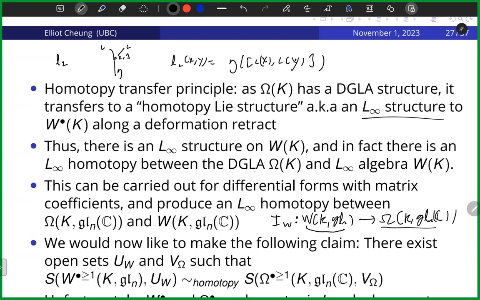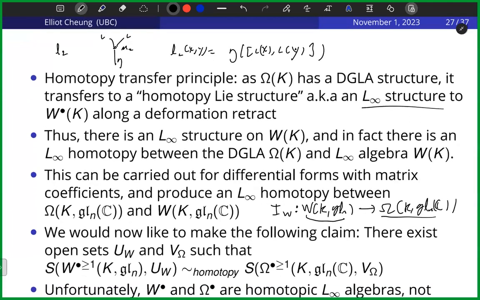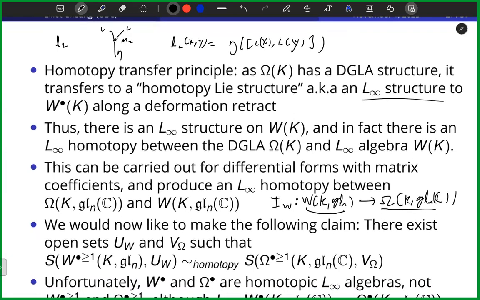So there's a way to write down all these trees. Right, and that formula works for any transferred L infinity structure of that form, transferred from a DGLA, right? Yes. In fact, this is like an M2, with similar formulas for A infinity and so on. So in this case, we can use those formulas and write down the L infinity structure on Whitney forms. You may have to write down a lot of terms, but it can be done. All right, thank you.